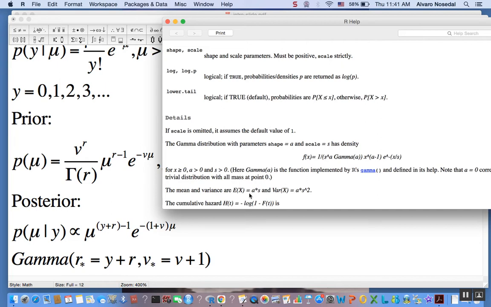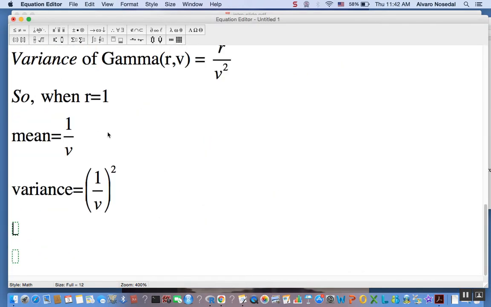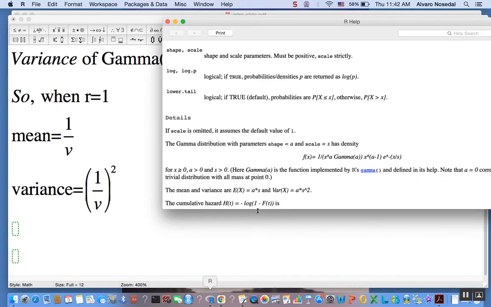Note that the expected value using that expression for a gamma distribution, instead of being r divided by v like in our case, is going to be a times s, and the variance is going to be a times s squared.